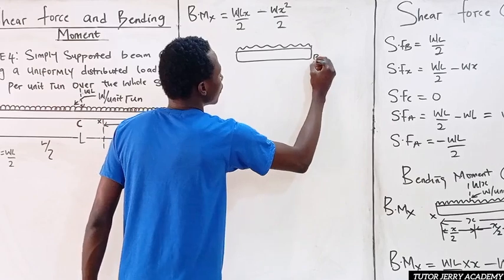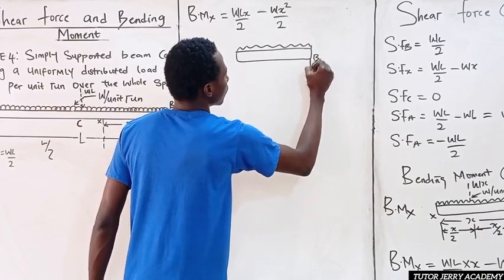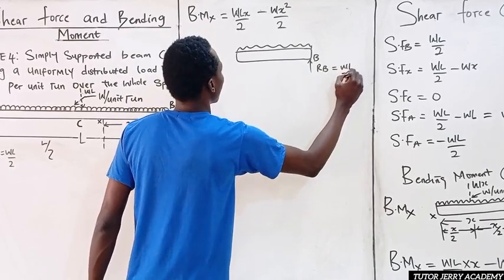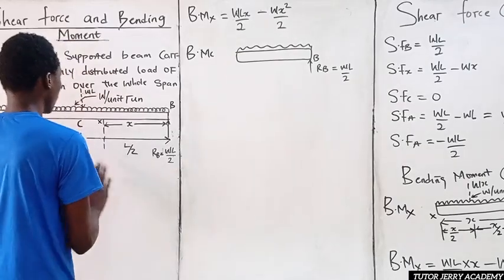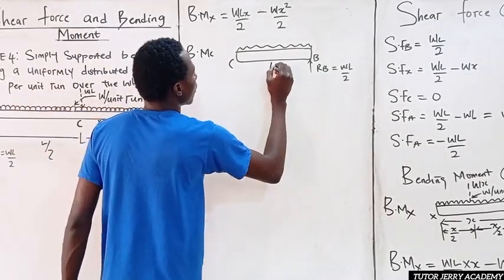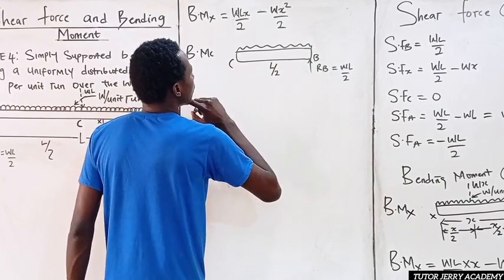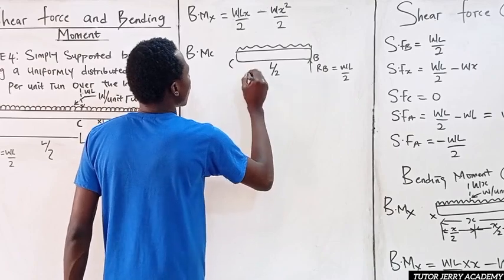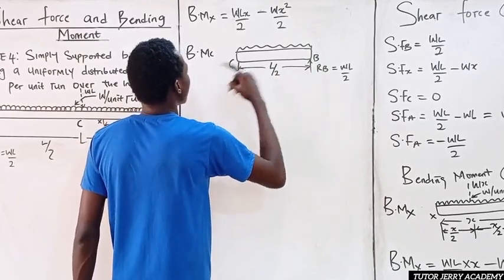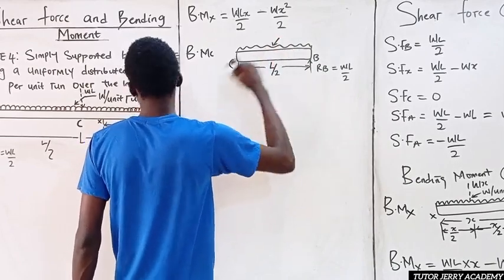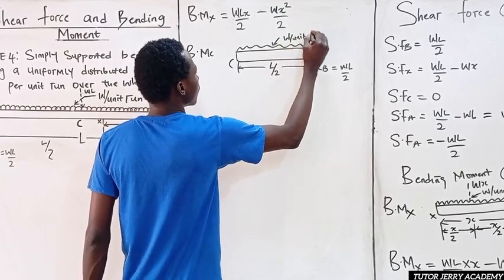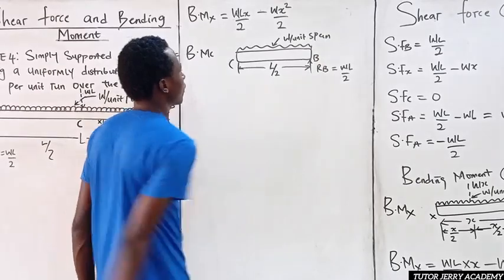We have here to be B, where RB is equal to WL all over 2. Here we have C, and we have the total length to be L over 2. We have a uniformly distributed load, W per unit span.